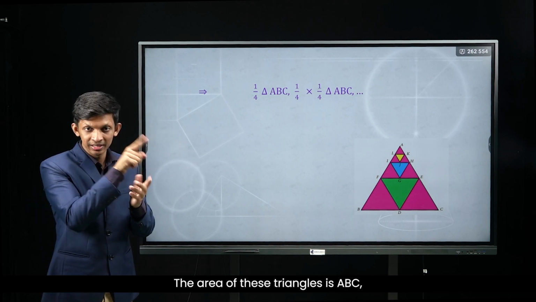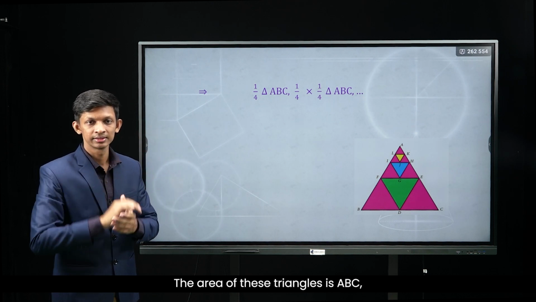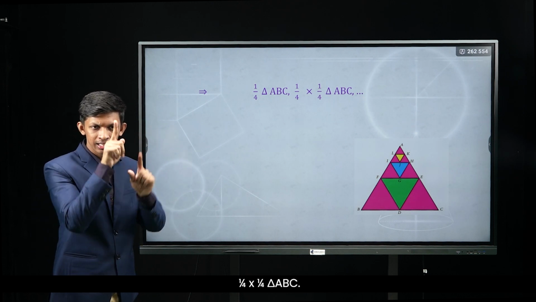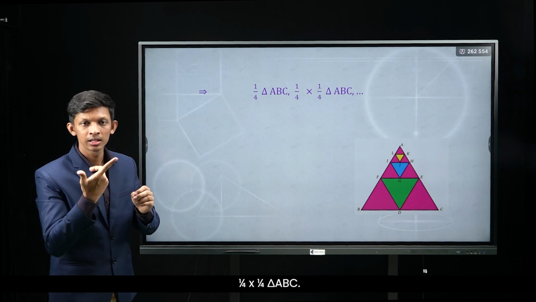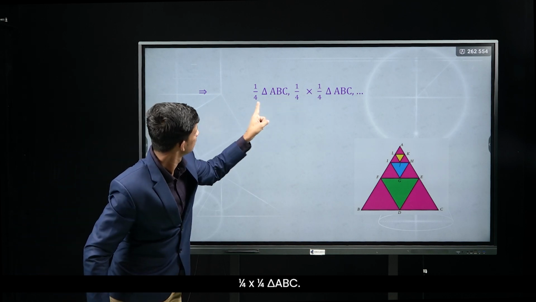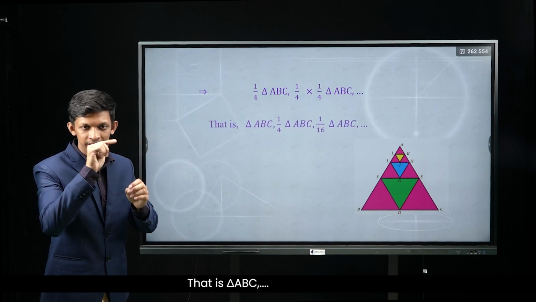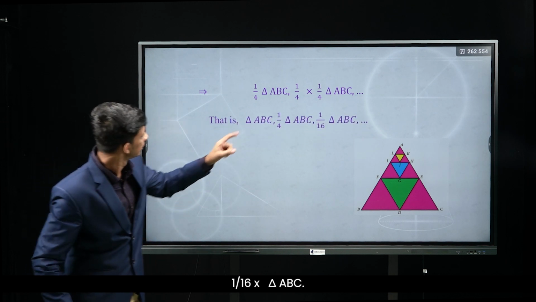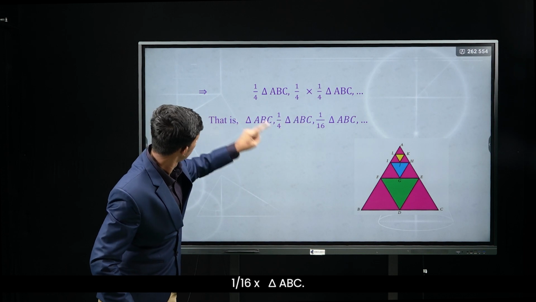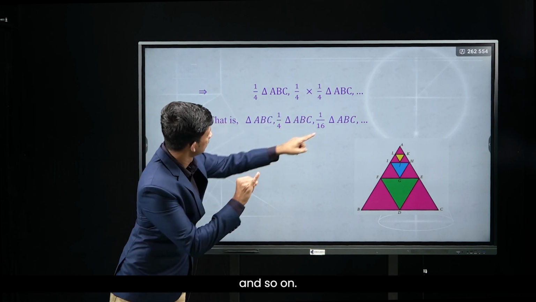The areas of these triangles are: triangle ABC, 1/4 of triangle ABC, 1/4 into 1/4 into triangle ABC, that is, triangle ABC, 1/4 of triangle ABC, 1/16th of triangle ABC and so on.